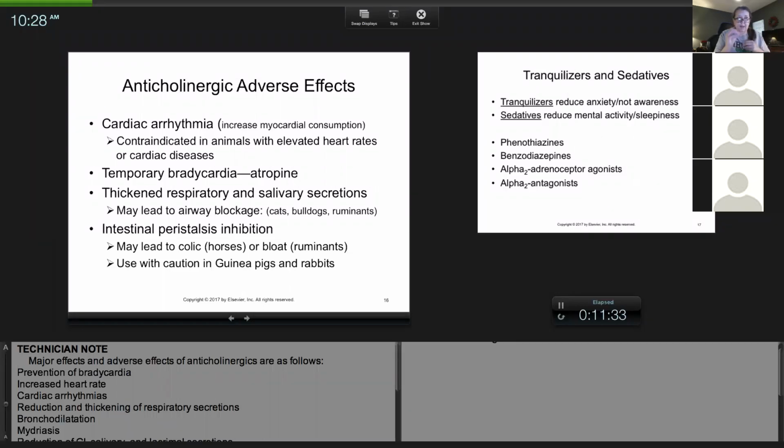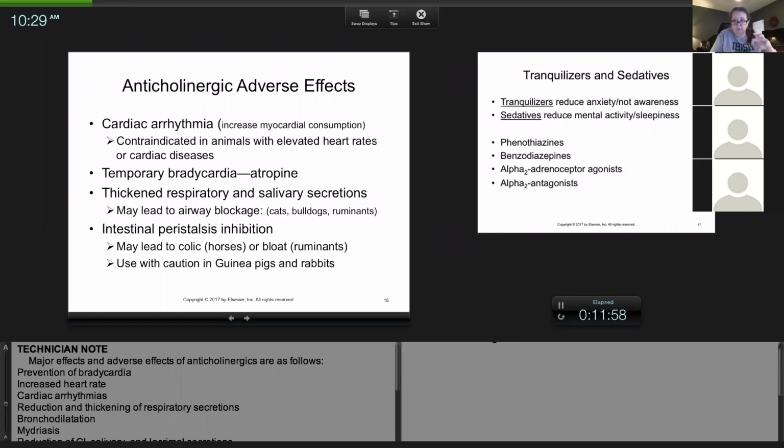Now, I'm going to jump ahead a little bit, because you guys are going to use a lot of Dexdomitor at school, and practices use a lot of Dexdomitor. Dexdomitor causes a severe bradycardia because of what the drug does. I don't treat that with atropine, because that is a drug-induced bradycardia.